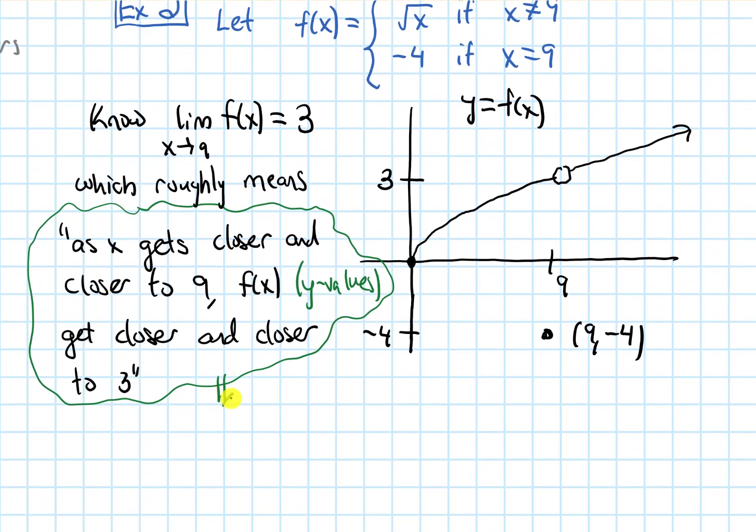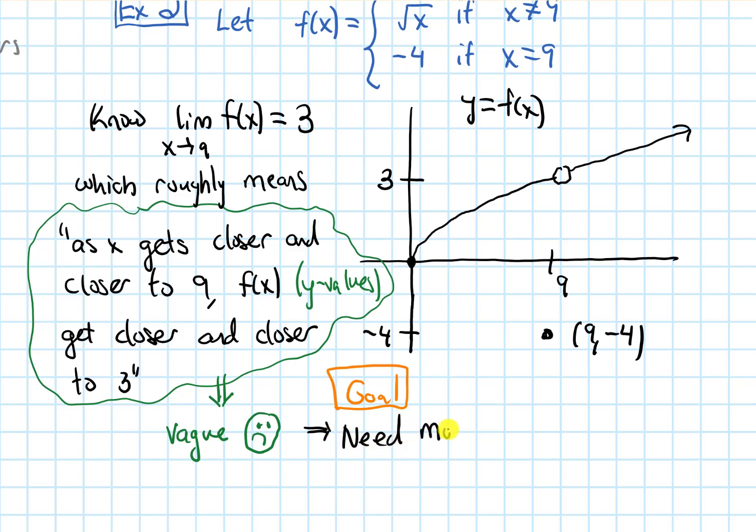The issue with this is, mathematically, this is a vague definition. It's using very imprecise language, like "gets closer and closer." So our goal for this section is that we now need a more precise, a more rigorous way to define limits.